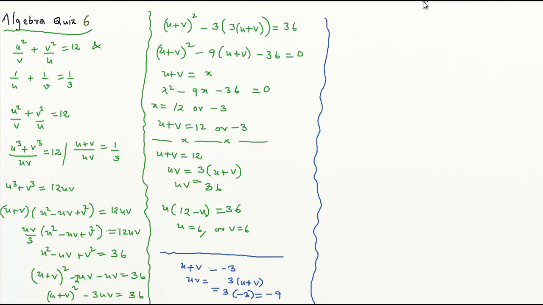So now I've got a relation which is u plus v is equal to minus 3 and uv is equal to minus 9.